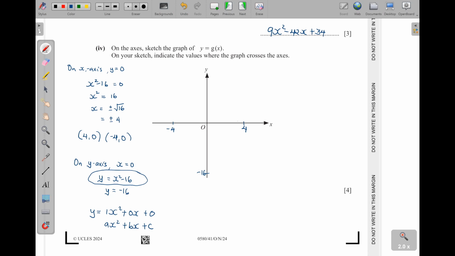This is the quadratic curve. Since a is greater than 0, the graph has to be U-shaped. And if a is less than 0, the graph is going to be N-shaped. So this one is a positive one, so we are going to have a U-shaped curve like this.